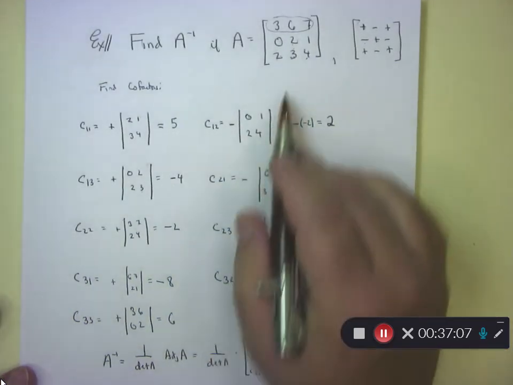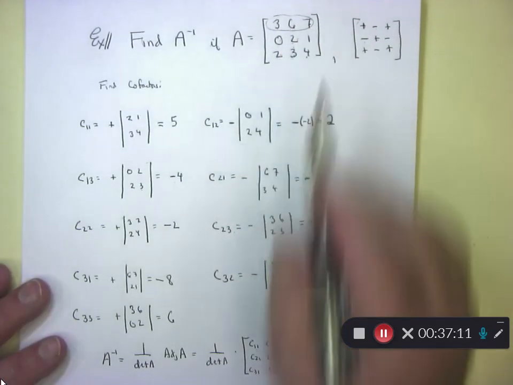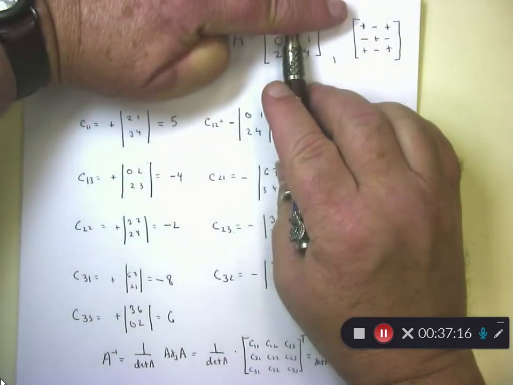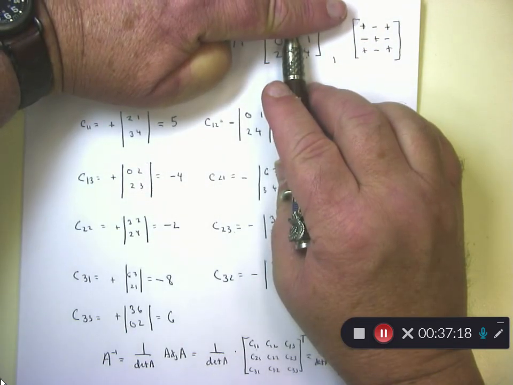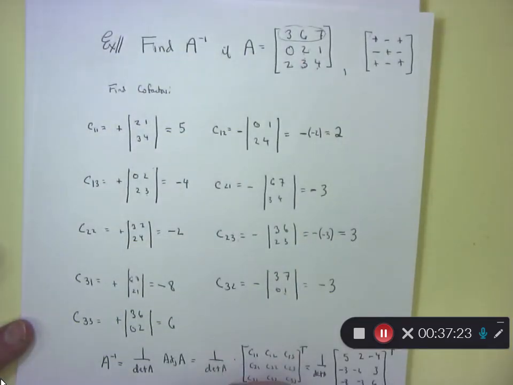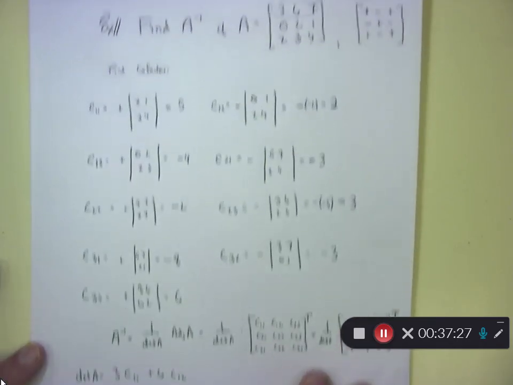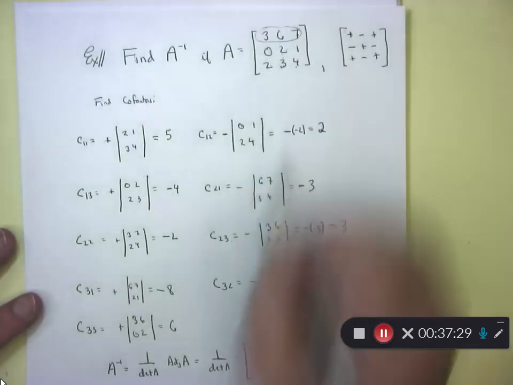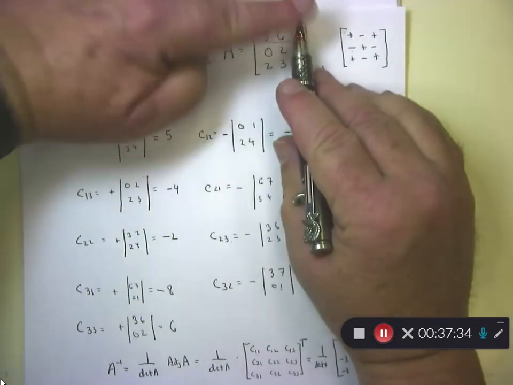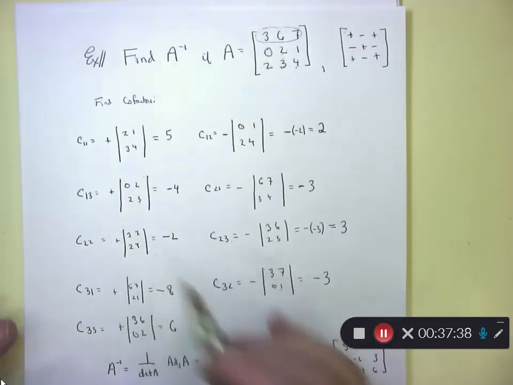It's C11. Okay? And then the next one's going to be plus 6 times the cofactor of this guy, and that was going to be C12. I'm writing this down here. I'm going to minimize this a little bit so you can see this. And then it's plus 7 times C13, knock off the row and column, and this is the matrix of C13, the 0, 2, 2, 3.